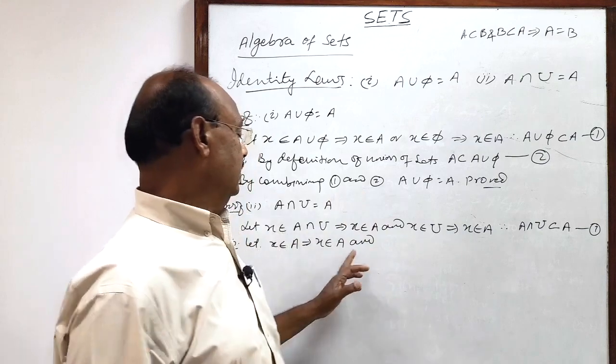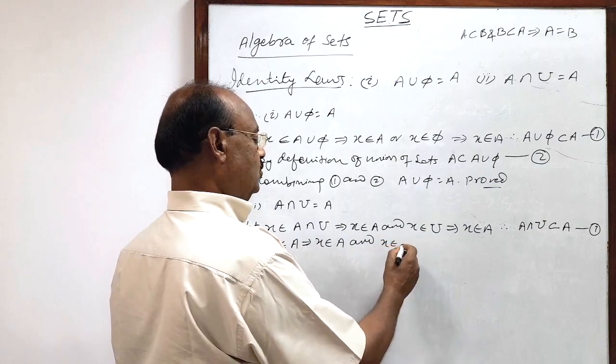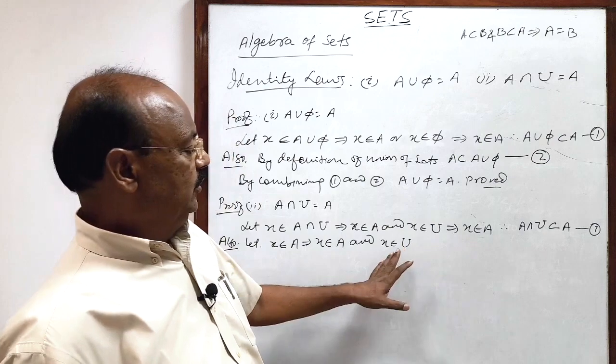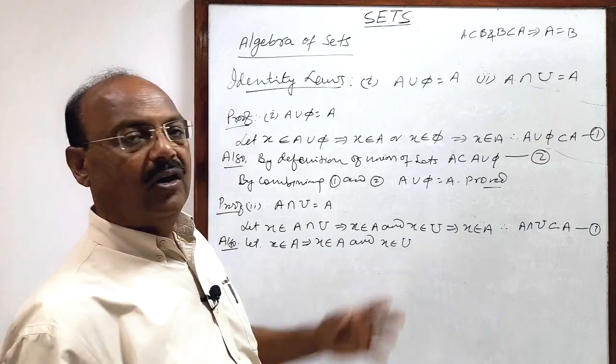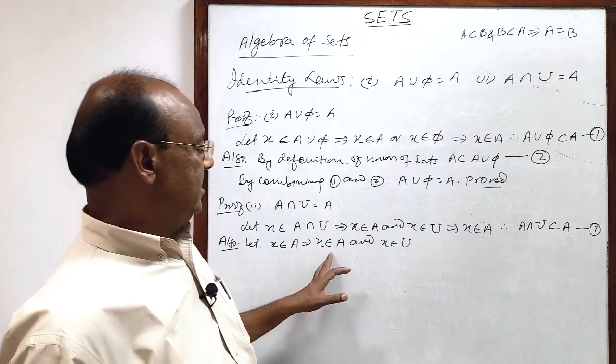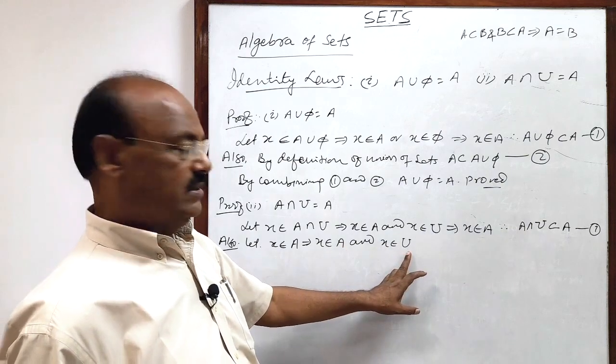So you can write that X belonging to A and X also belongs to universal set. As I told you, universal set contains all the elements in that particular context. And X belongs to both the sets, set A as well as the universal set.